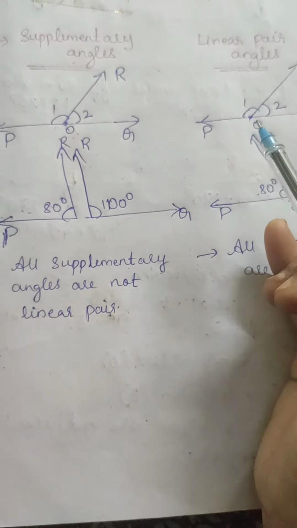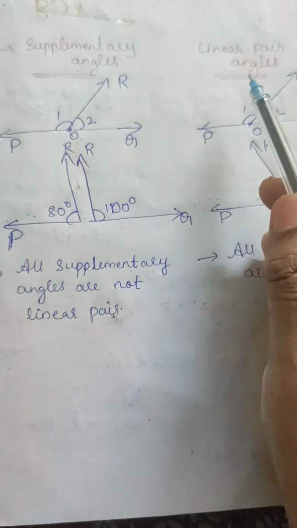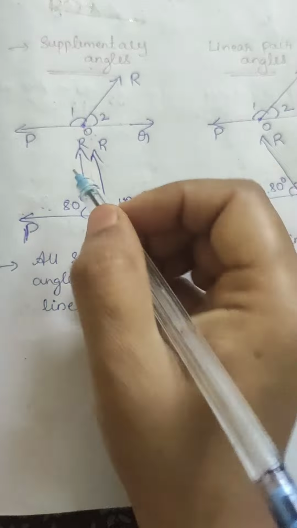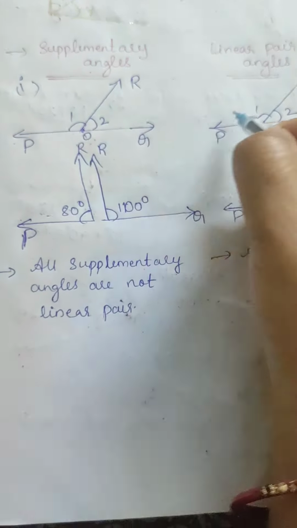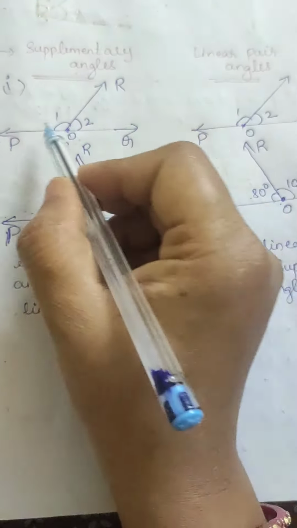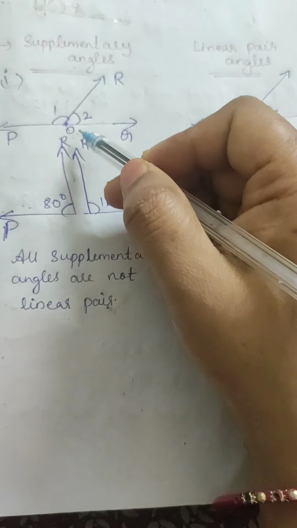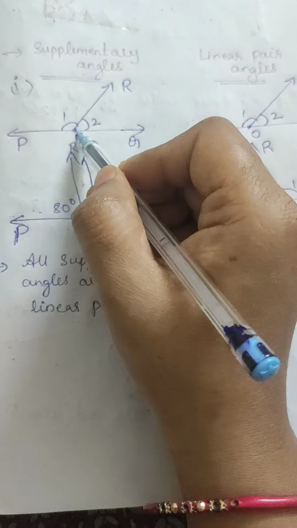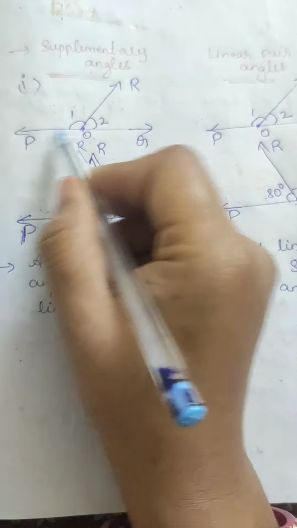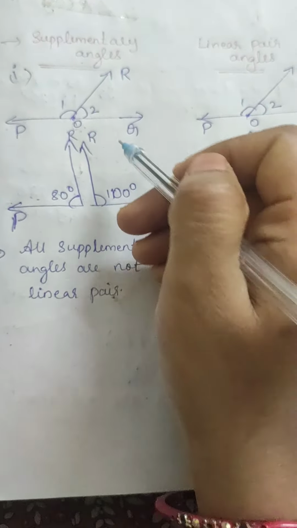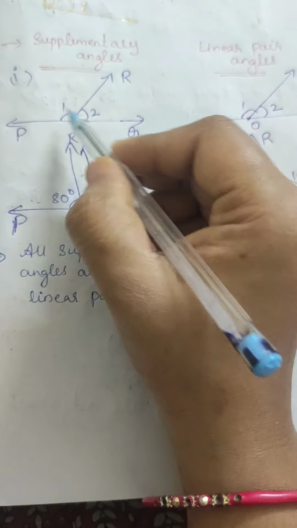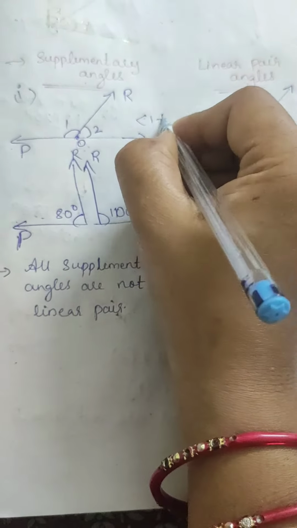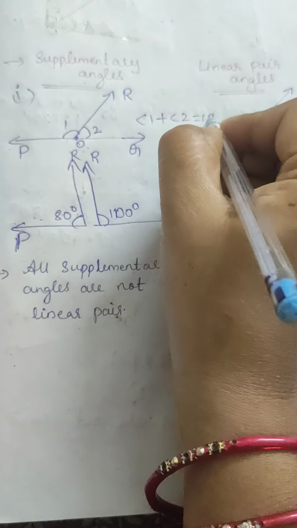Here we can see the difference between the supplementary angles and linear pair angles. In the first case, I am taking a straight line and dividing it with some arm R. Let the vertex be O, and P and Q on the straight line. Here we form two angles, angle 1 and angle 2. The sum of these two angles is equal to 180 degrees.